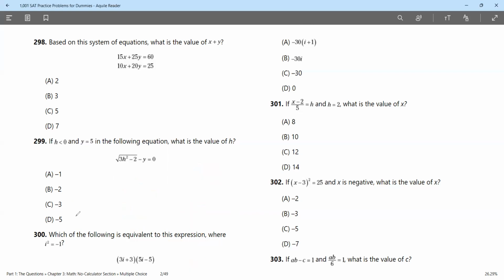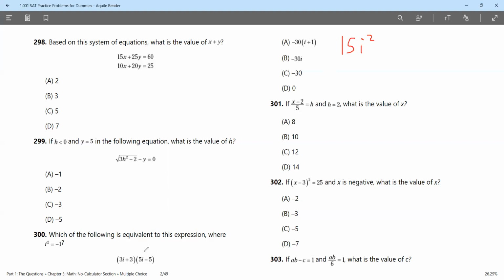Which of the following is equivalent to this expression, where i squared is equal to negative 1? Okay, we have here (3i plus 3) times (5i minus 5). First of all, we will multiply each term here by each term here. Okay, so 3i times 5i will be 15i squared.